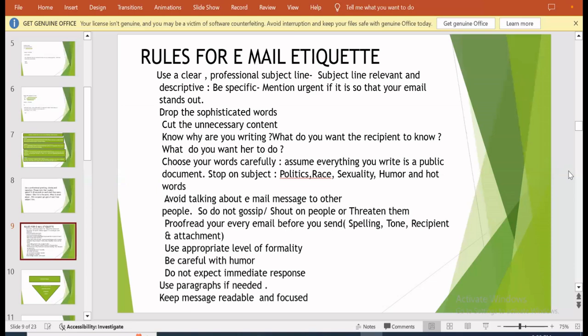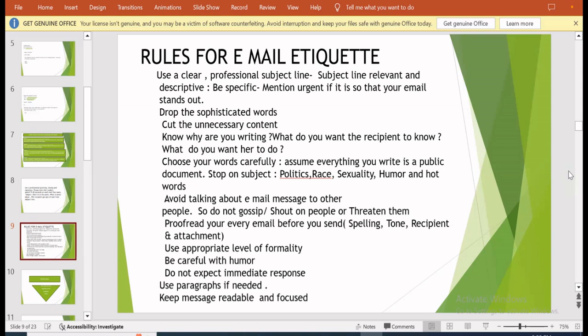Then you can mention urgent so that the person will understand and respond. Drop the sophisticated words. Whether you are a physician, a chartered accountant, a doctor, an engineer, whoever you are, your email should be simple. It should not have any sophisticated words.